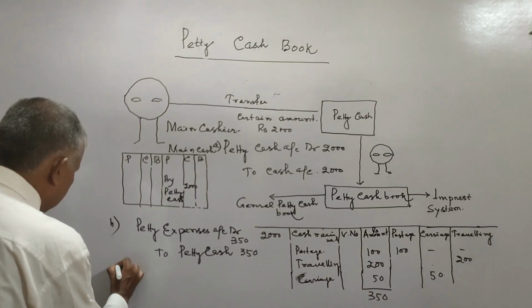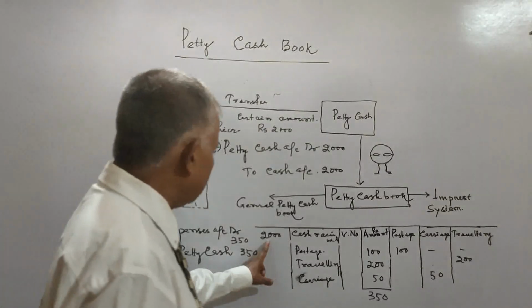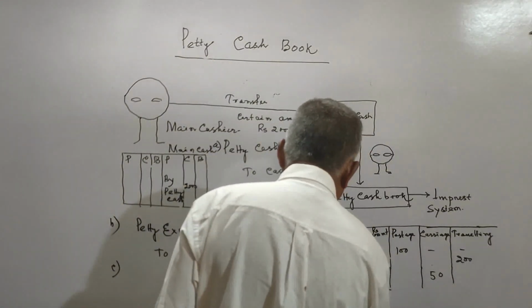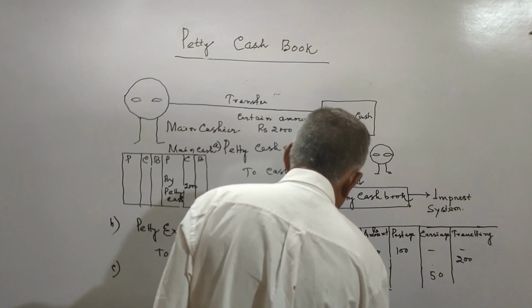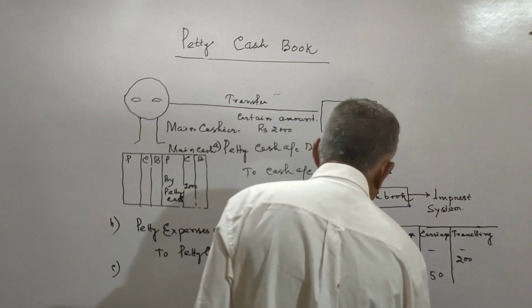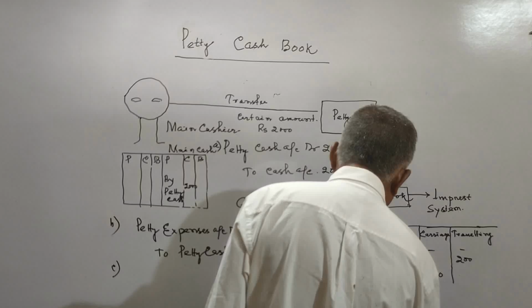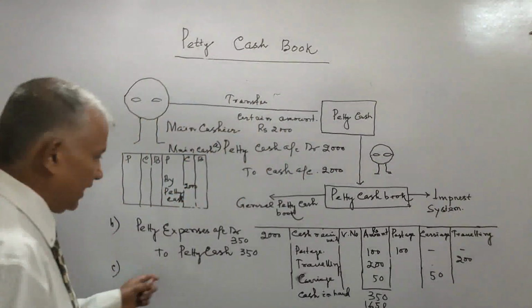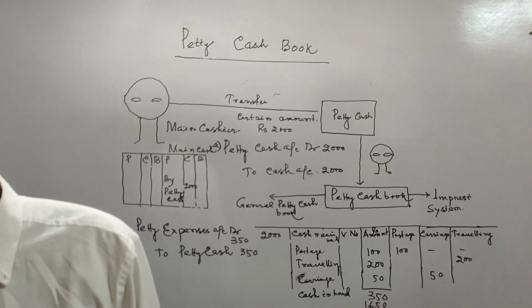So after 2000, less 350, the cash in hand will be your 1650, and the main cashier will again pay rupees 350.